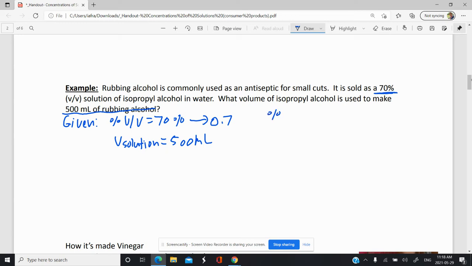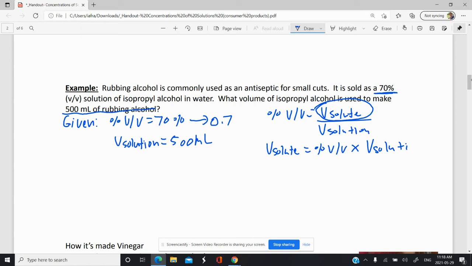We know that the percent volume is equal to the volume of solute, which is our alcohol in this case, over the volume of the solution, which is the alcohol and the water together, which is the 500 mils. So we want to find the volume of the solute, which is our alcohol that we're dealing with. So we can rearrange that to get volume of our solute, the alcohol, is equal to the percent VV multiplied by the total volume of the solution.